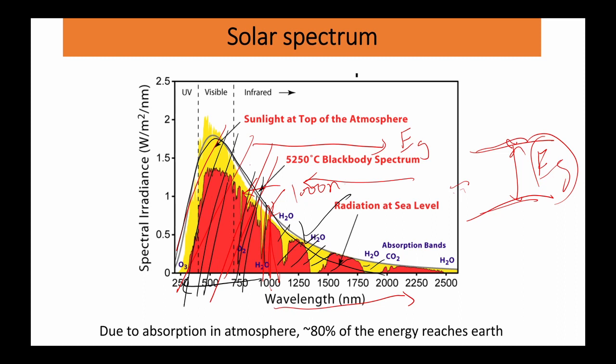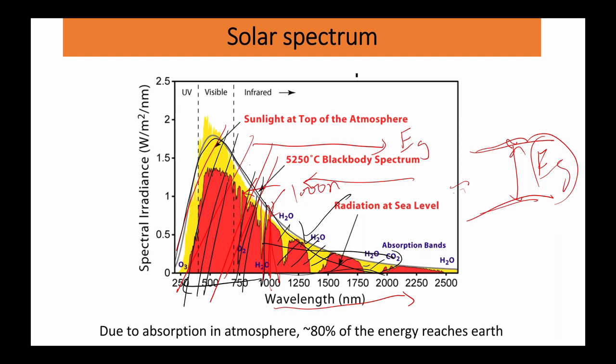But the energy which is greater than 1000 nanometer of wavelength is wasted. That will pass through the solar cell, or will be absorbed by the other elements of the solar cell which cannot generate electricity.